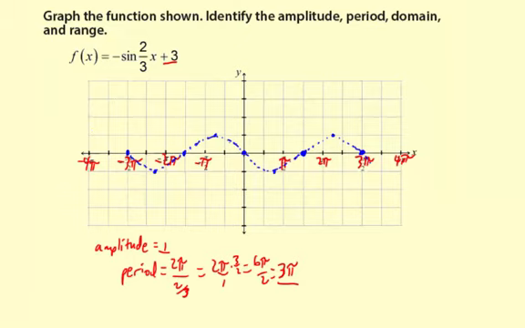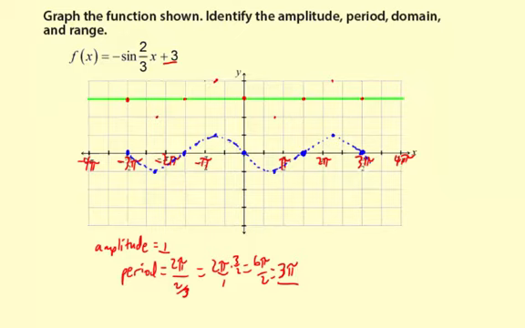Now we're going to put in the plus 3. And we're going to move the midline up 3. So it'll be right there. Okay, now I'm just going to translate everything up 3. Translate the zeros first, then the minimum and the maximum, and then the zeros on the other side of the y-axis, minimum and maximum.